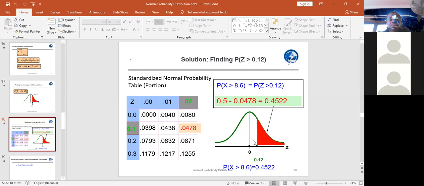So if you are given this, let me make use of this example, a ruler, for example. If you have a ruler which is a triangle like this, we can say this ruler represents 0.5.